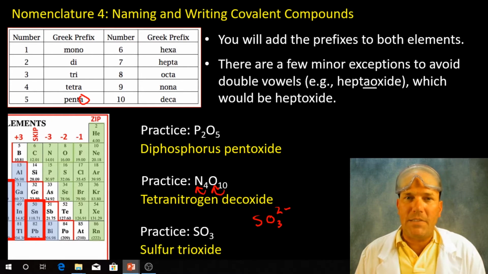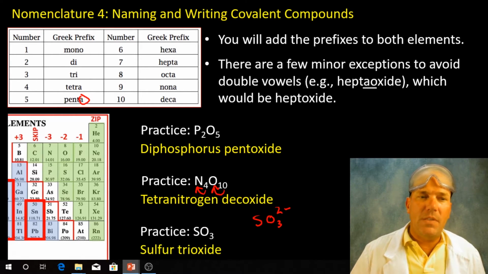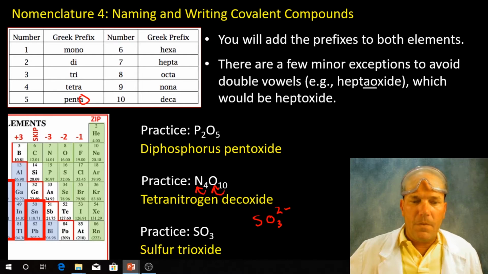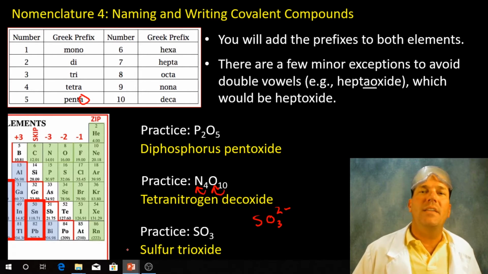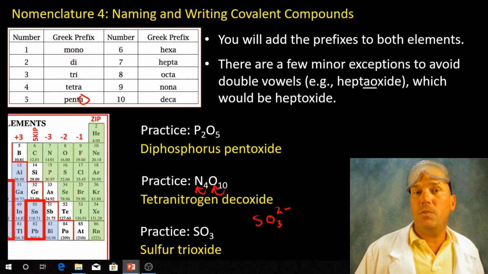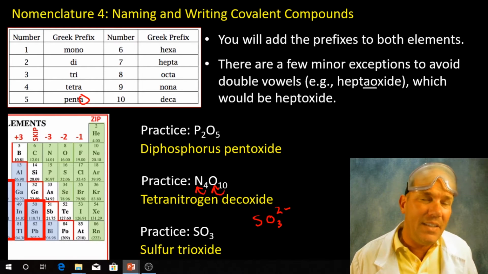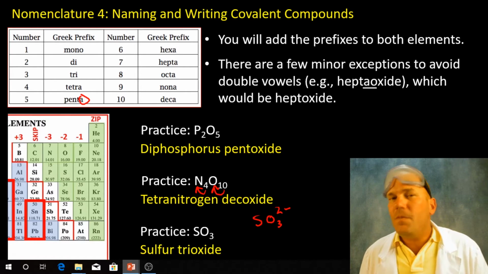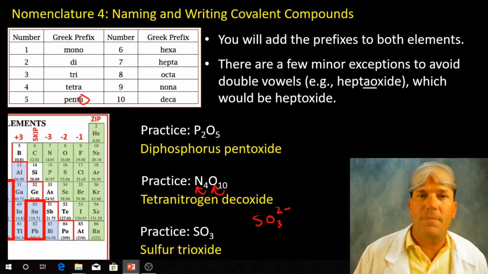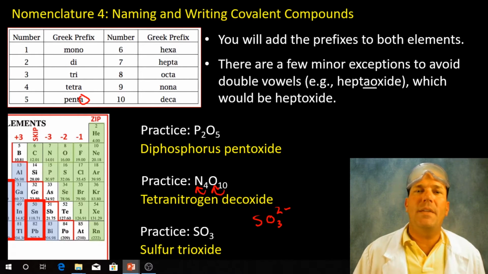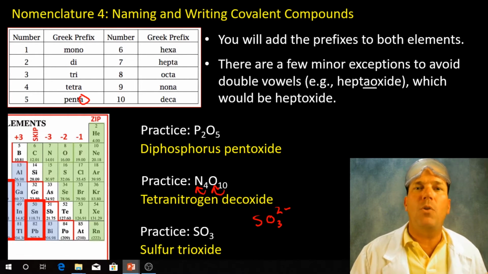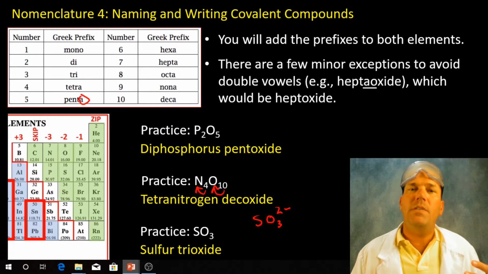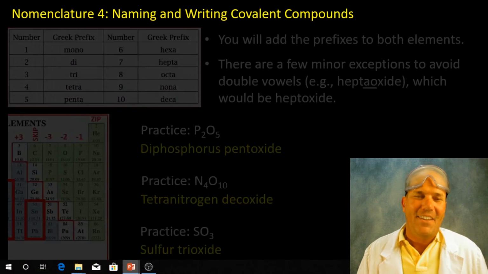Sulfur trioxide. And oftentimes the mono for the first species is omitted. So you may say this is monosulfur trioxide. It's referred to as sulfur trioxide. So think of carbon dioxide. We don't say monocarbon dioxide. We say carbon dioxide.